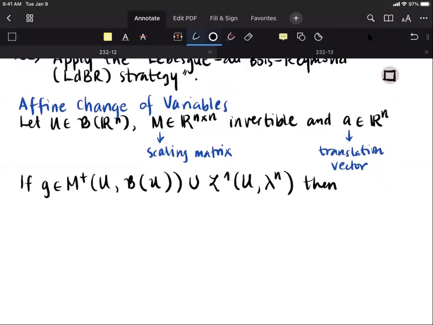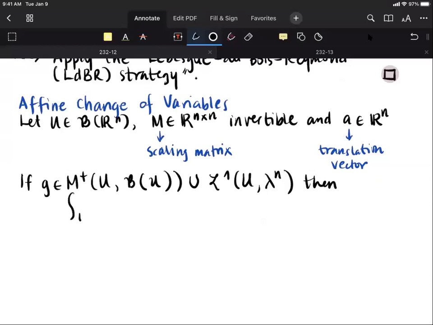Then the integral over U of g of Mx plus A dx is the same as the following.